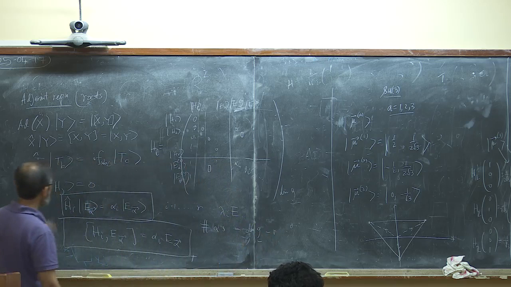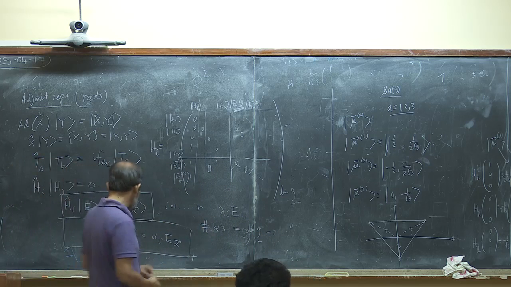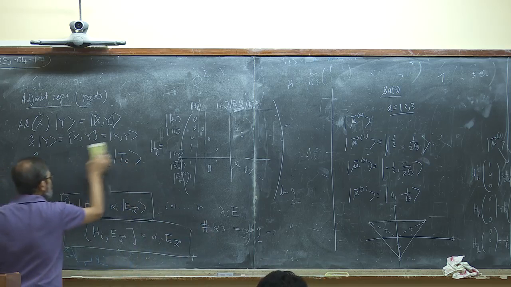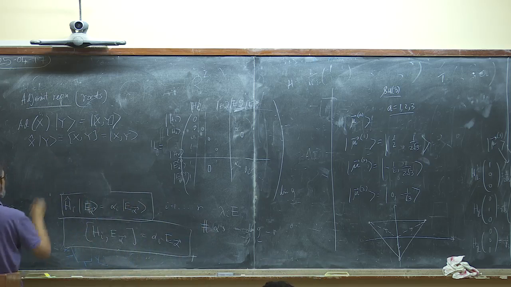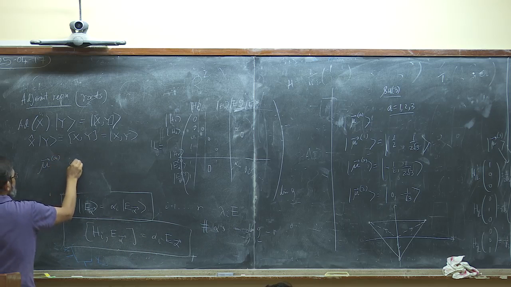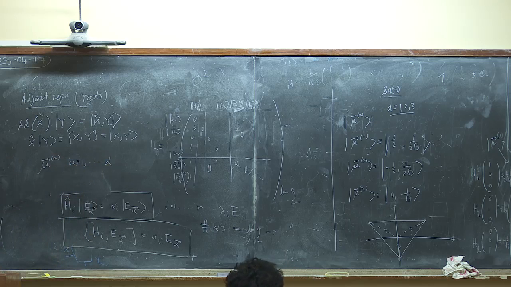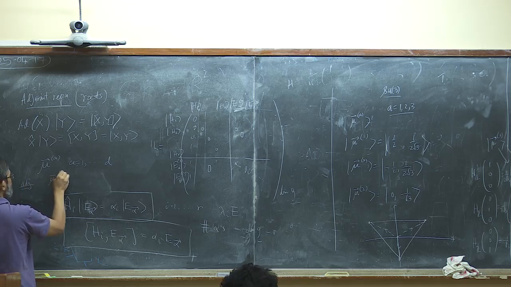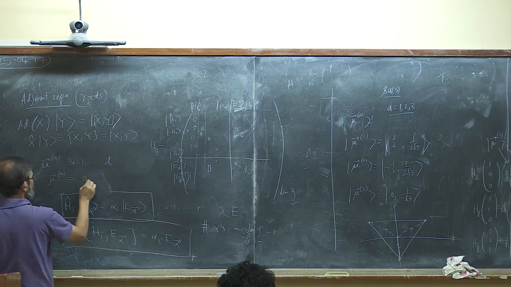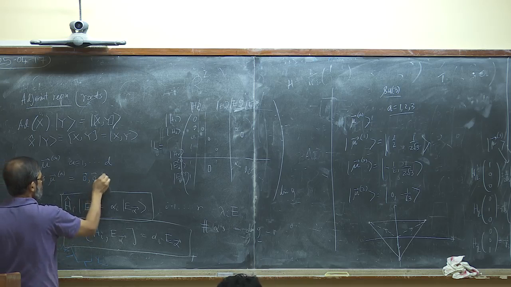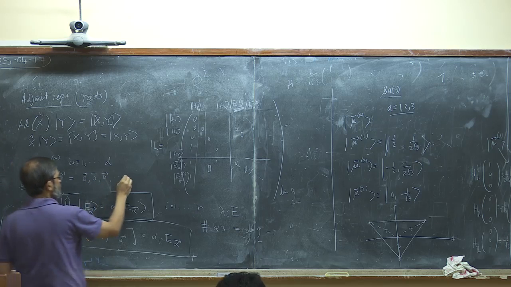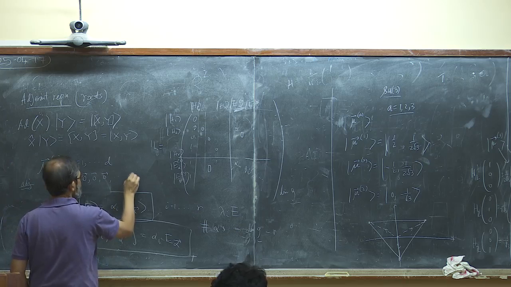To make a connection with the weight notation, what I had was these mu fellows, with A going from 1 up to D, where D was the dimensionality of the representation. Now for the adjoint representation, these mu's are simply 0, 0, 0, 0, etc., and the rest of them are being called alphas.